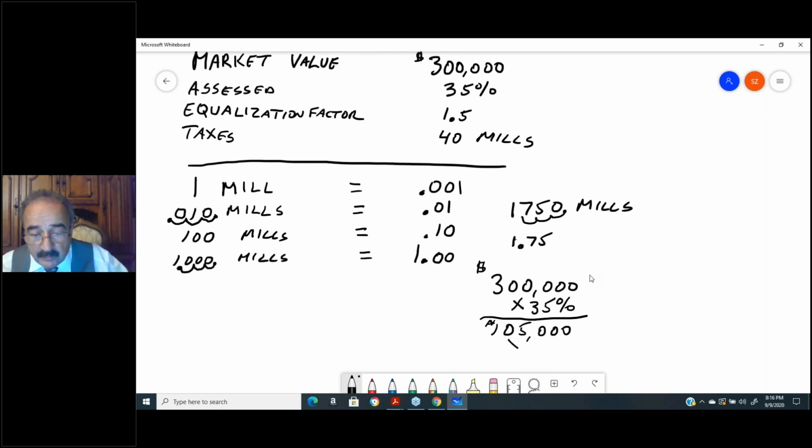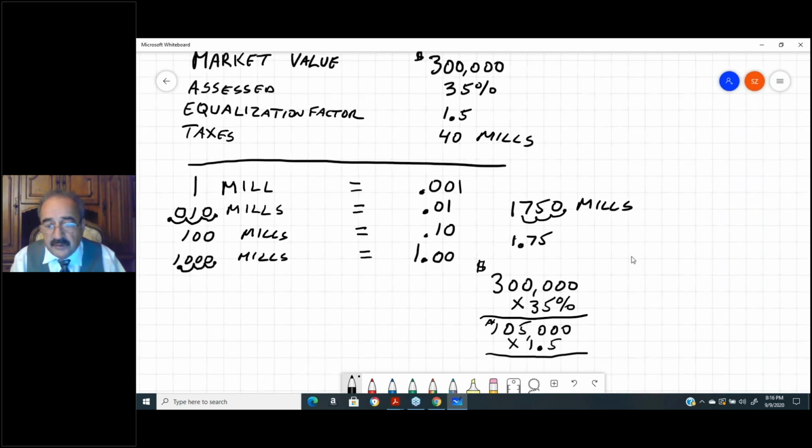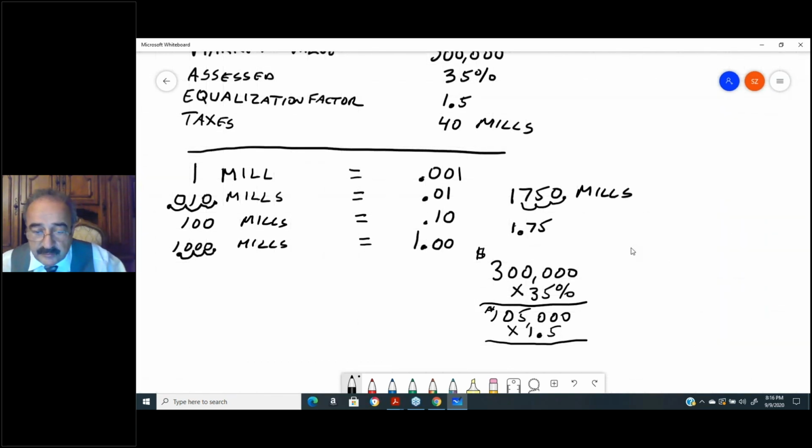Need to multiply this by 1.5, which will give me, I think this gives me 157,500, I believe. I'm not 100% sure. Let me just double check before I give you that number. 105,000 times 1.5. Yeah, 157,500.